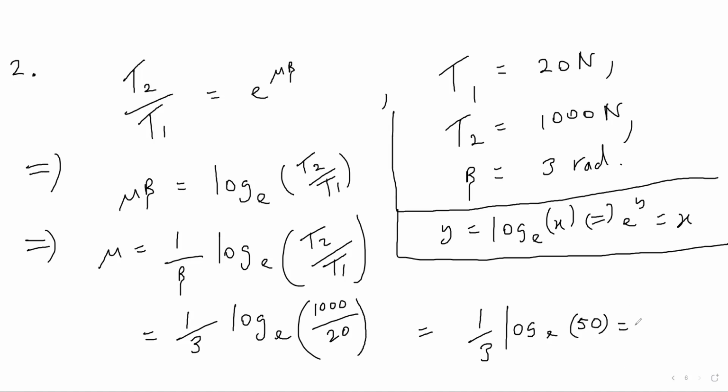But if you want, you can write log E as ln, same thing. So you can write your answer as 1 over 3 multiplied by ln of 50. So that's your answer. mu is equal to 1 over 3 ln 50. That is the answer for that one.